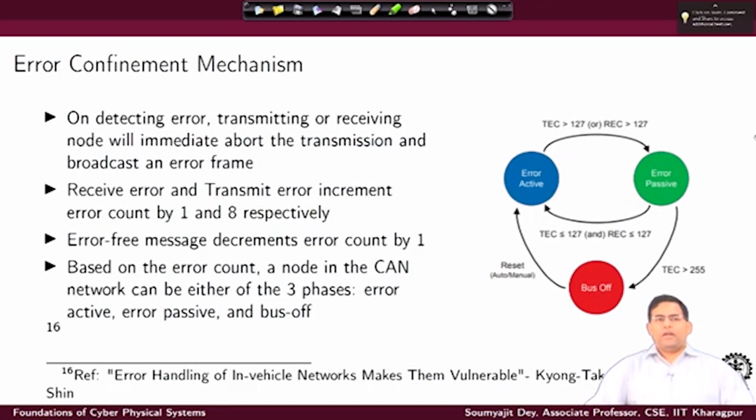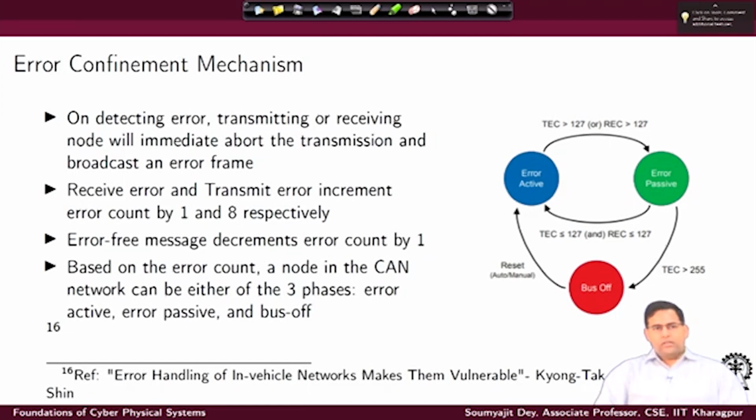Now, what happens if there are errors? These are designed to be very robust systems, right? So if there are 1 or 2 errors, the system is supposed to tolerate them. In each CAN node, there is a transmission error count and a reception error count, the TEC and the REC, that are maintained.